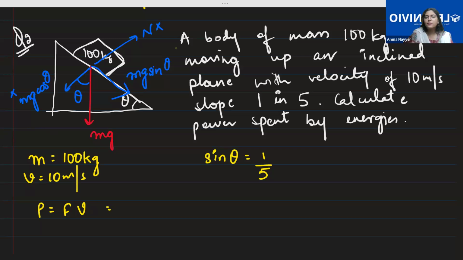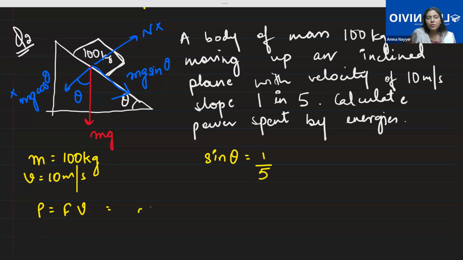The question has two tasks. One is to identify sine theta. Second is to find out which force is actually responsible for the body moving uphill. To move the body uphill, mg sin theta is responsible, not mg cos theta. Mg cos theta is just balancing across the perpendicular to the plane, that is the normal reaction.